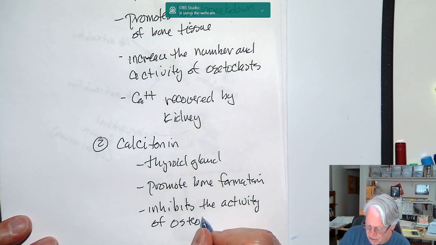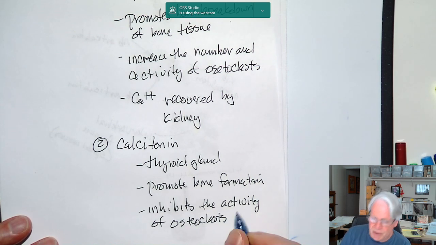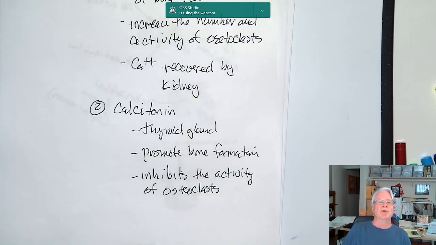So the key here is osteoclasts. You increase their activity and you get more calcium in the blood. You reduce their activity and you get less calcium in the blood. Okay. And that is being controlled ultimately by different hormones.